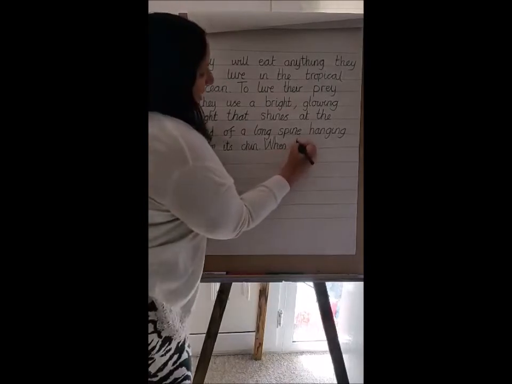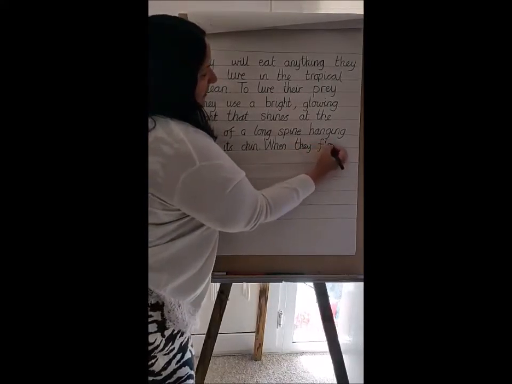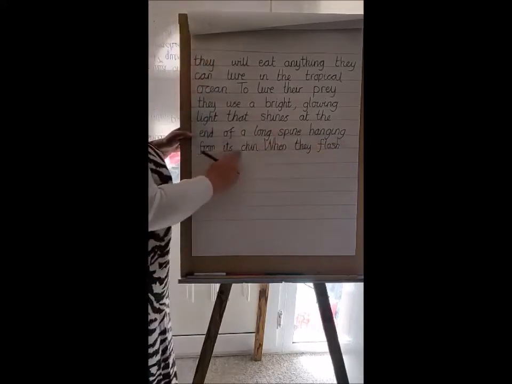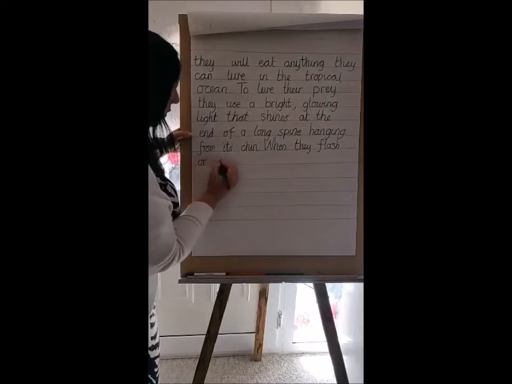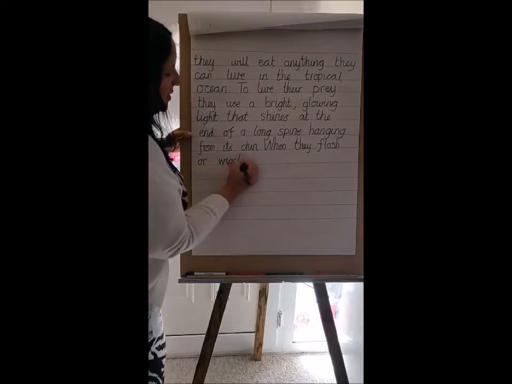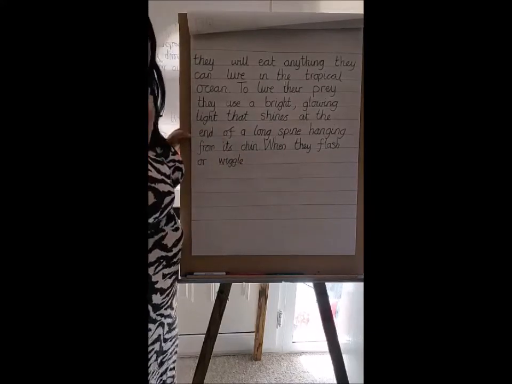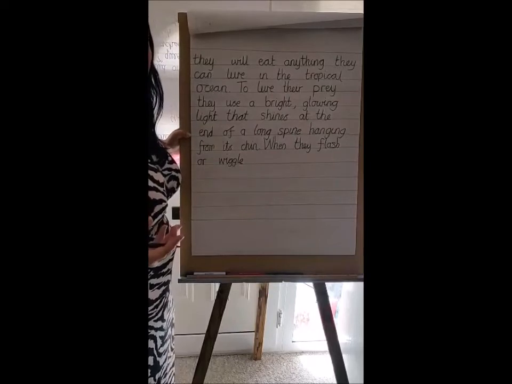When they flash, so I'm still talking about the lights hanging from its chin. When they flash or wiggle, remember my notes said that they turn the light on and off, or they wiggle it to lure their prey.